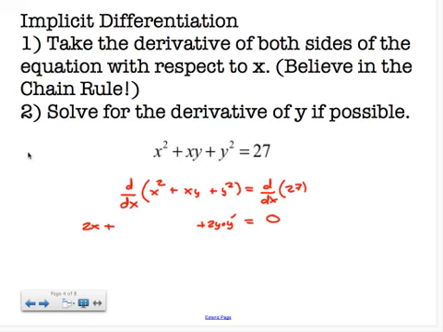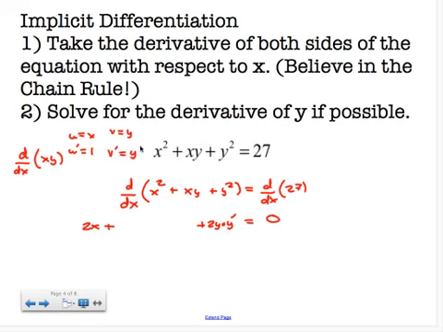Now, I'm going to go off to the side here. What is the derivative of xy? In other words, the derivative of x times y. Okay, that's telling me the product rule is in effect. So let's label our pieces here. u is x. u prime is 1. v is going to be y, and the important thing here is not to make the mistake of calling v prime 1, because remember, y is not the variable here, x is.